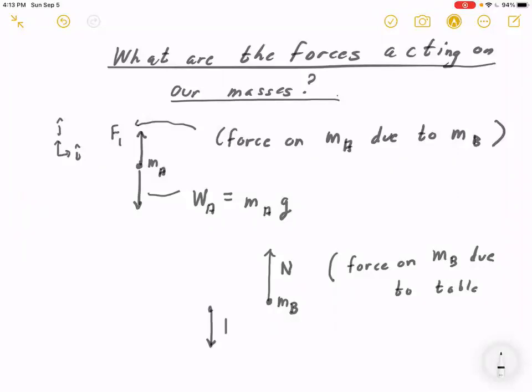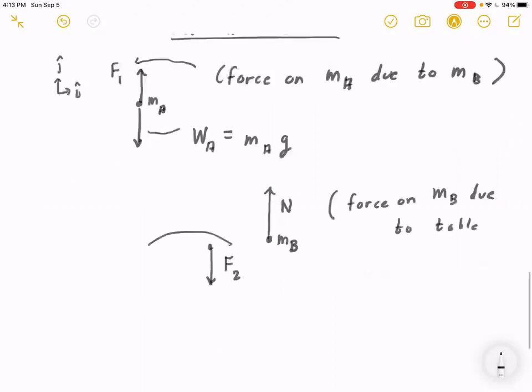There's a force which we'll call F sub 2, and that is the force on M sub B due to M sub A. And if you think about it, there's a third force you have to pay attention to in this problem.